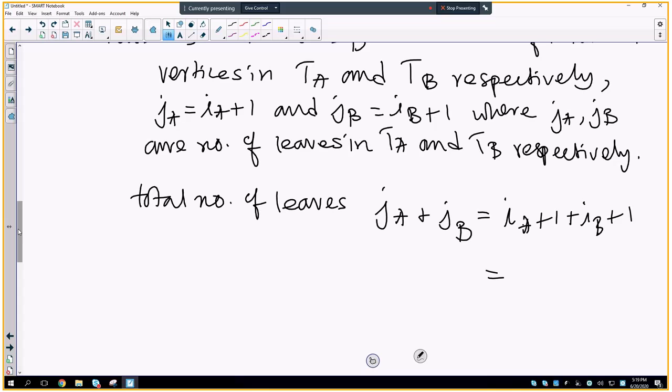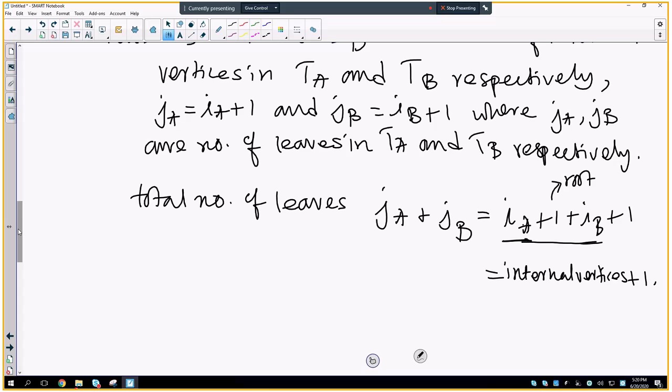So IA stands for the total number of internal vertices in TA, IB stands for the total number of internal vertices in TB, and this plus one stands for the root. Together, they are all the internal vertices in the tree. So this is internal vertices plus 1. And isn't that exactly what we wanted to show?